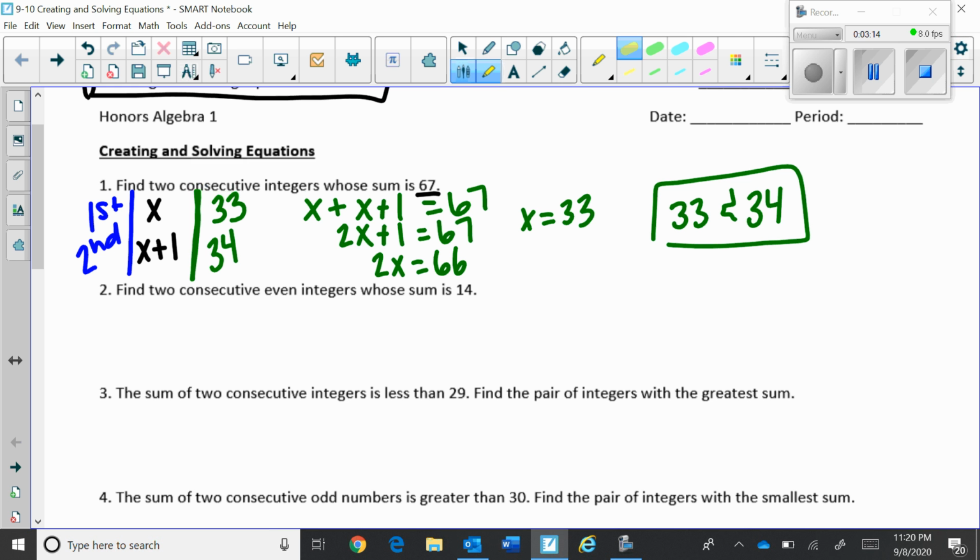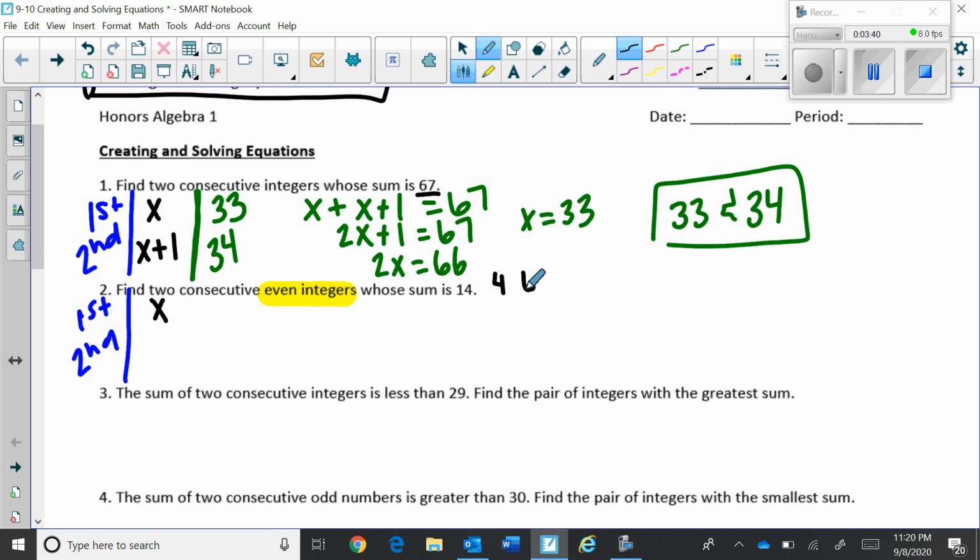It says find two consecutive even integers whose sum is 14. So once again, we're finding two different integers, our first number and our second number. All right, you can always label your first number as x. But this time when we go to even, think of even if we do 4 and then the very next even integer being 6.